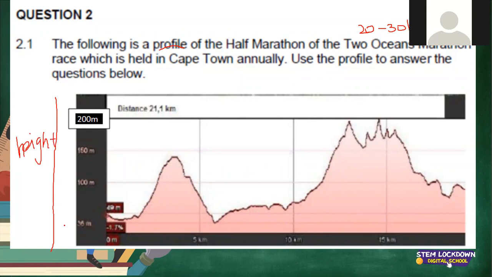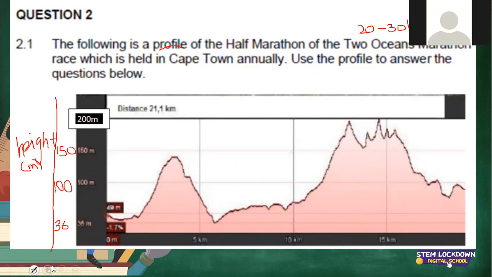This is 36, this is 100. This is not clear. These are in meters, by the way. Then 150, there's 150 there, meters. And this line is for 200. I think 200 is clear.